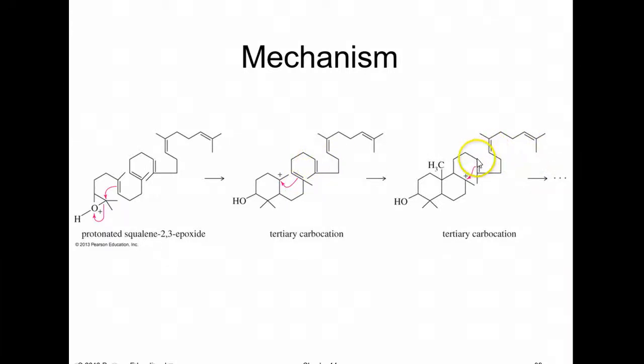And then that attacks there to give your 6,6,6,5 ring system, which is very characteristic of steroid compounds. So I thought this is a really cool way to show you why it's important to understand epoxide opening and how epoxides are used in our bodies and in a biological system.